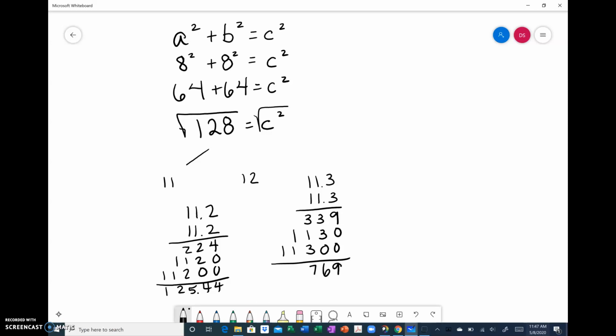Add all this up. 127.69. Okay, this one's only 31 hundredths away. And so I'm going to approximate that c will be close to 11.3 millimeters. And that's how you do example 2.